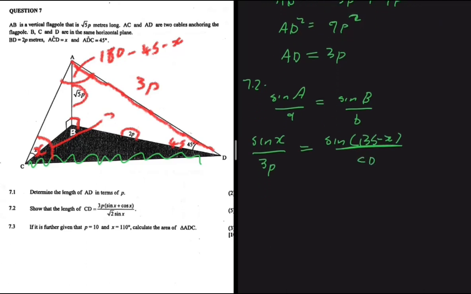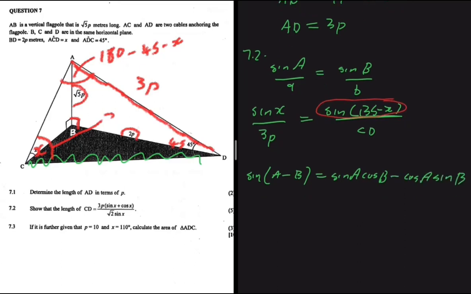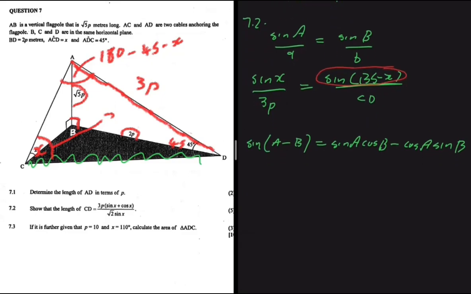But now it gets a bit complicated. You will realize that here we actually have a compound angle, right? But that shouldn't be a problem, because we know that sine of A minus B is equal to sine of A cos of B minus cos of A sine of B. So we can use that formula to get rid of sine of 135 minus x, because we cannot determine that as we don't know what x is.